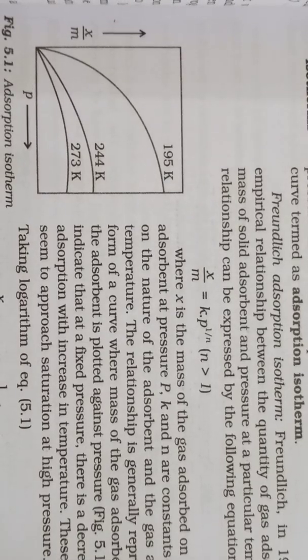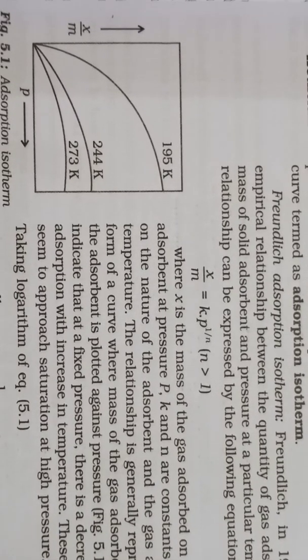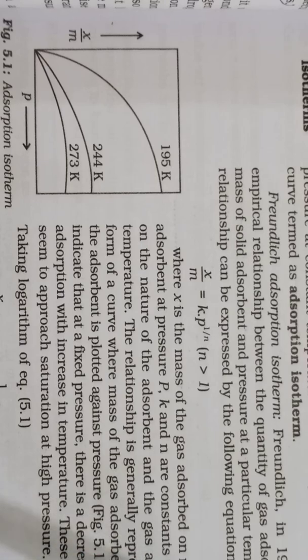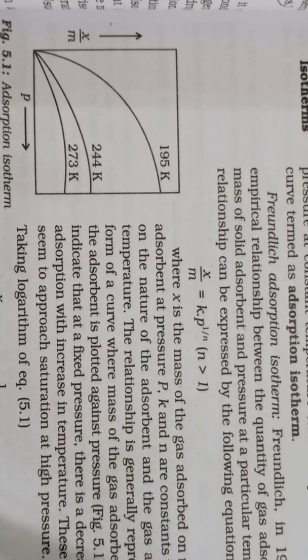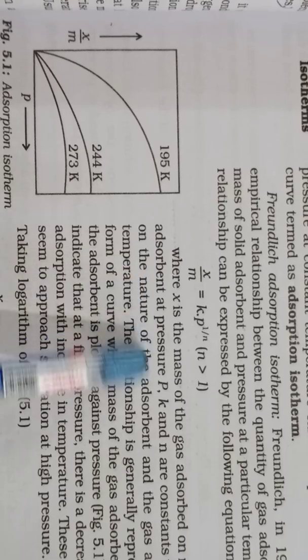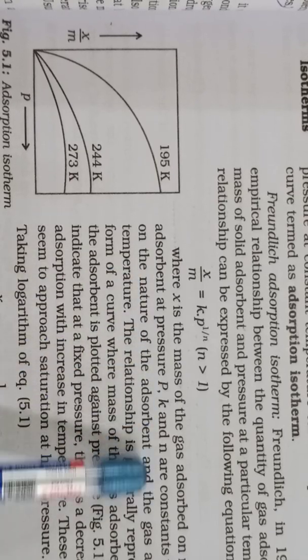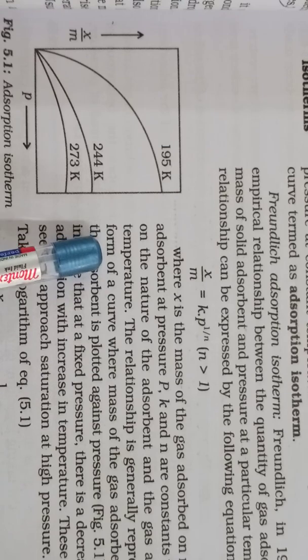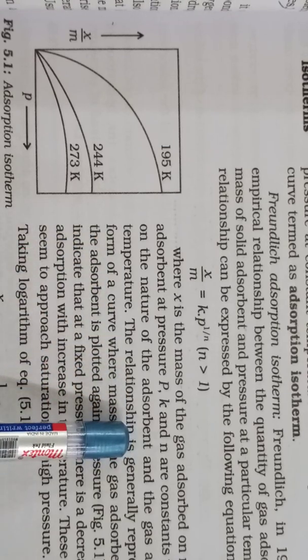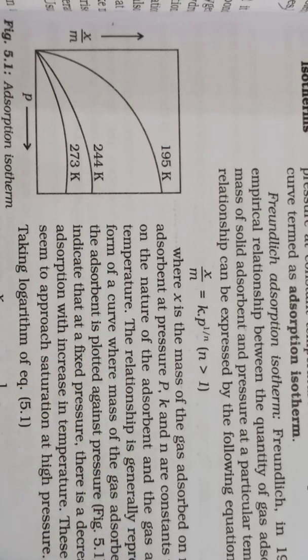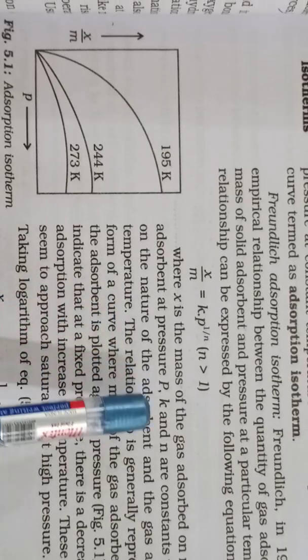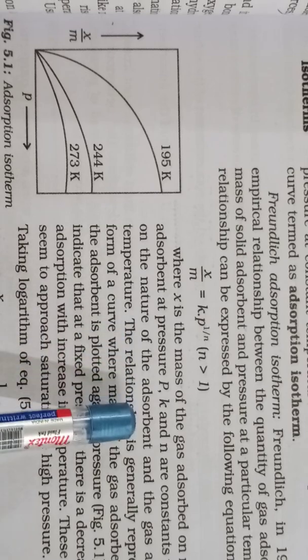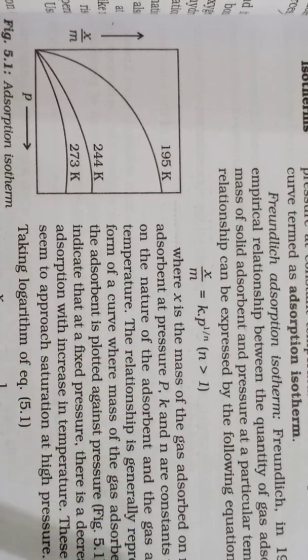Here x is the mass of the gas adsorbed on mass m of the adsorbent at pressure P, and K and n are constants which depend on the nature of the adsorbent and the gas at a particular temperature.